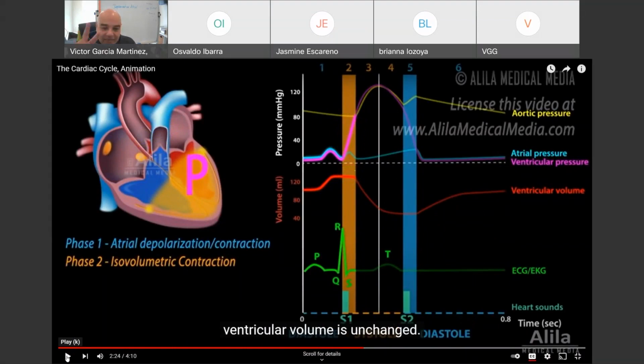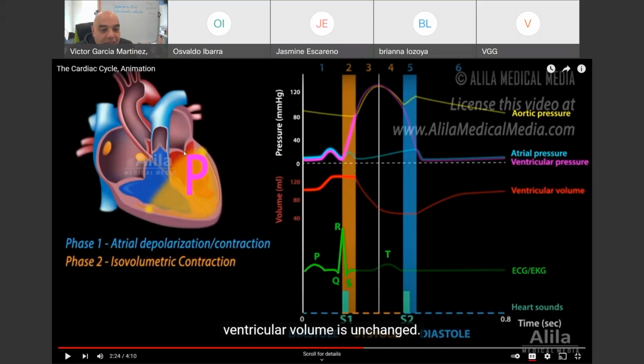Okay, guys. Then we have a second phase called isovolumetric contraction of the ventricles. This second stage is going to be because we have closed valves, 4 of them.